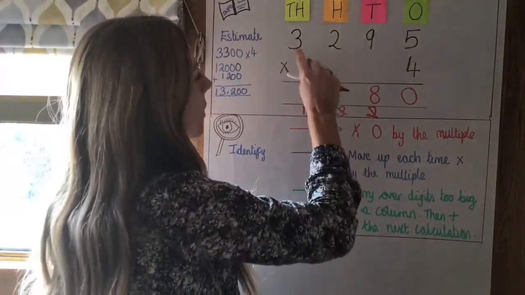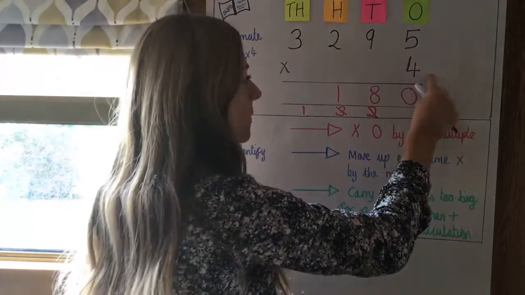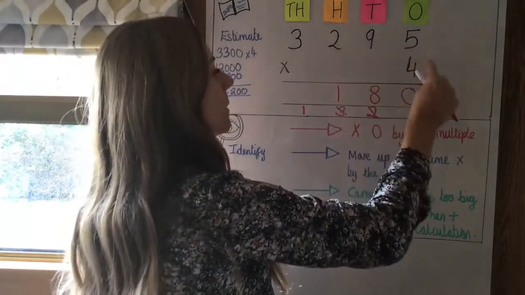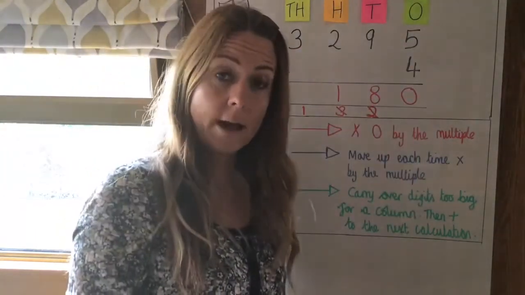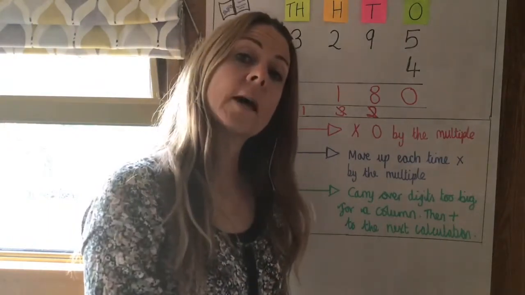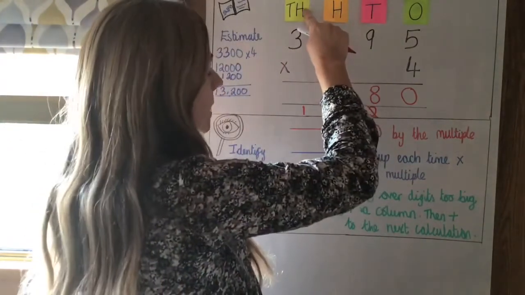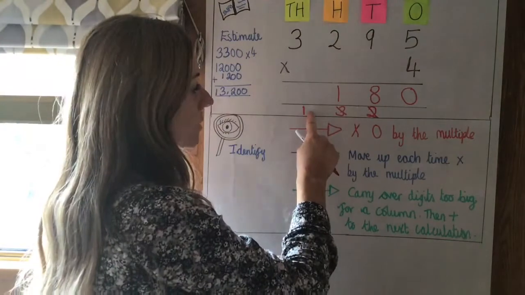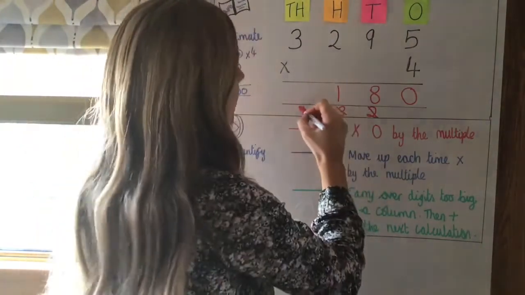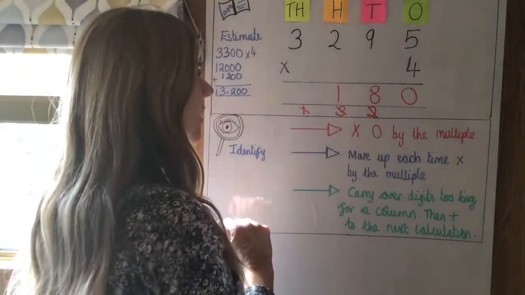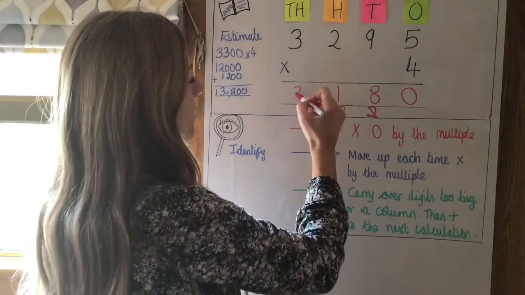And this time we've got 3,000s times 4. So 3,000 times 4, use the fact 3 times 4 to help you. 3 times 4 is 12, but we've got 12,000. And we have 1,000 to add. 12,000, 13,000. 13,000 is made up of 3 1,000s.